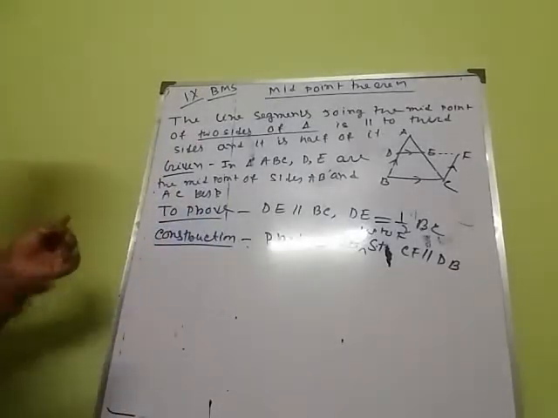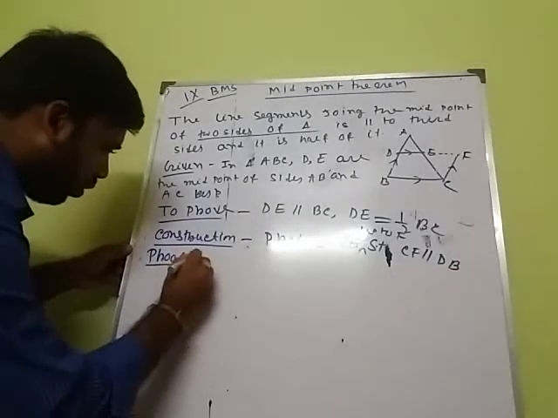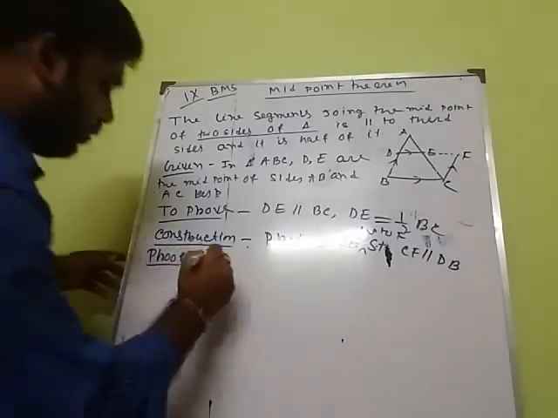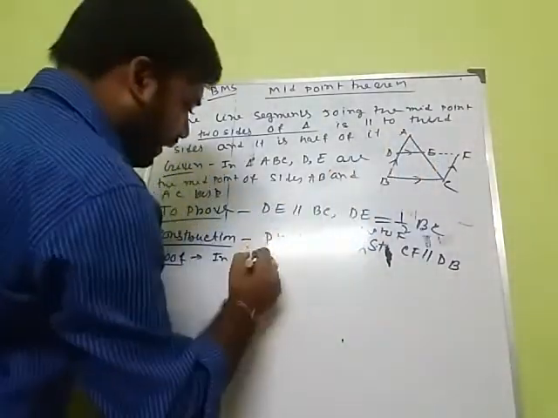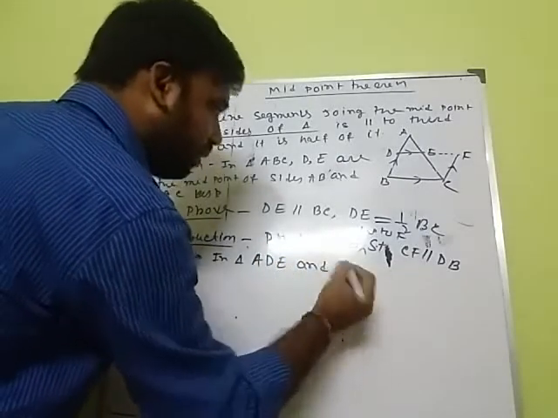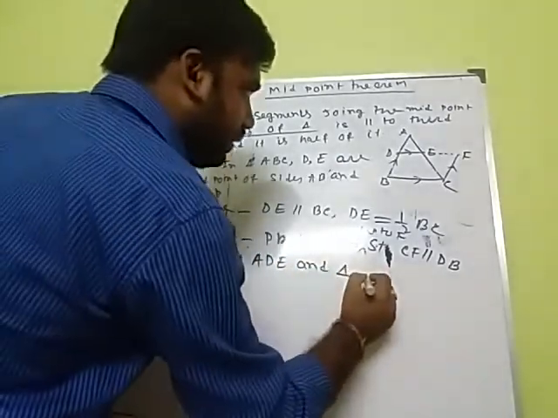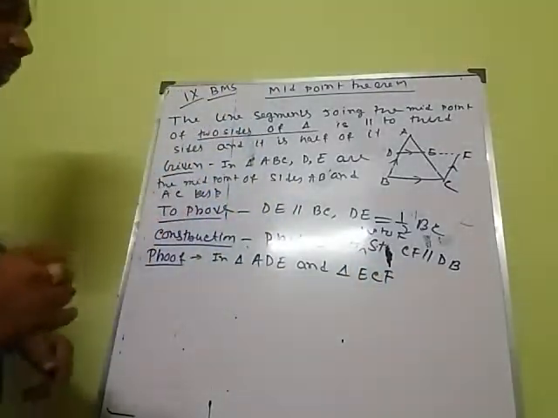So I am taking here the proof. In triangle ADE and triangle ECF, we will prove these two triangles are congruent.